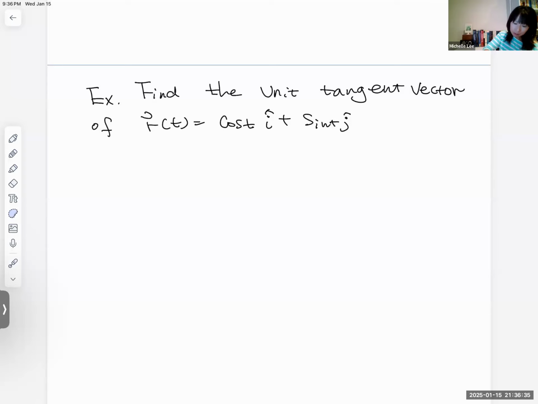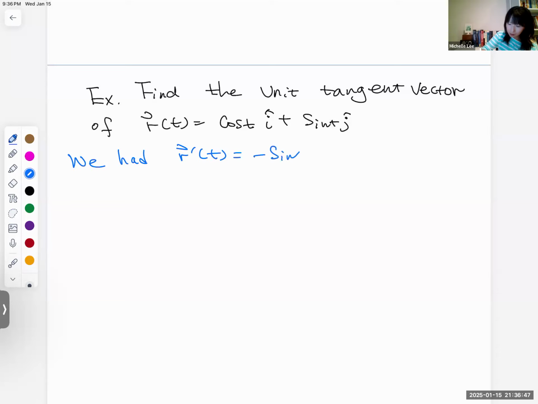So we had r prime of t, which is negative sine t i hat plus cosine t j hat, right?